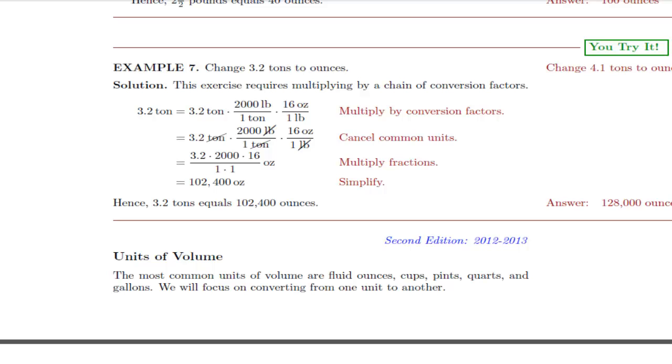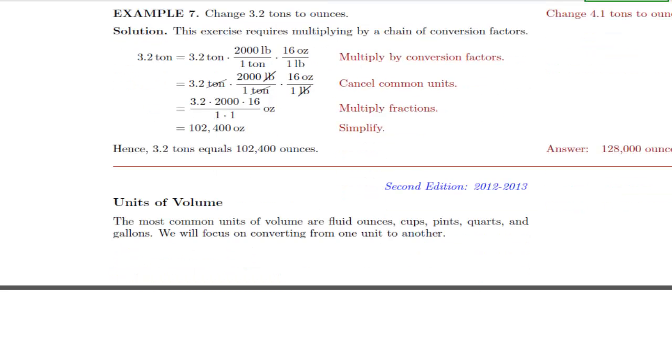The ton units cancel and the pound units cancel. We're left with 3.2 times 2,000 times 16 over 1 times 1 ounces, which simplifies to 102,400 ounces. Hence, 3.2 tons equals 102,400 ounces.